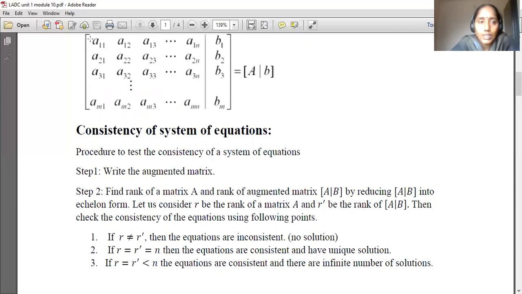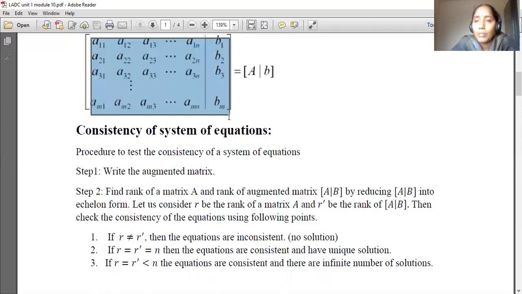In this matrix, if you reduce it into echelon form, in the first n columns the number of non-zero rows is the rank of A. Then the number of non-zero rows in the entire augmented matrix AB is the rank of AB.